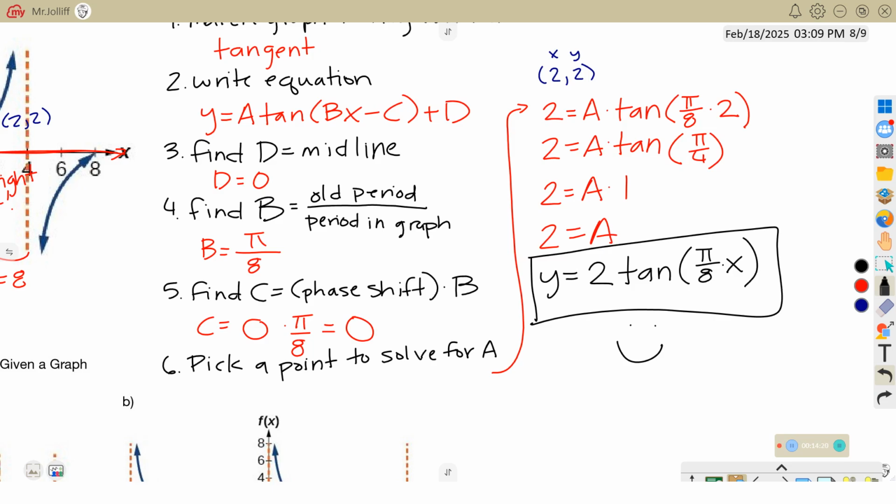There's no variation. Doesn't matter which trig function's on the graph. You're finding the things in the same order. You're doing the same things to find that A. Every time.